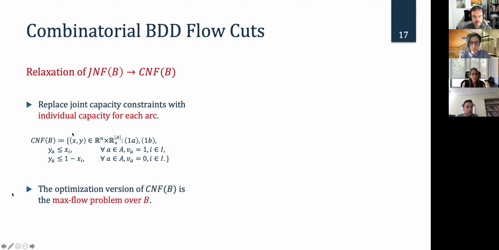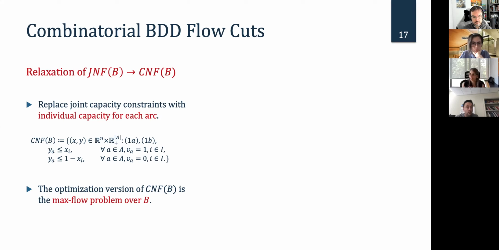Before, we had a constraint on the capacity of the arcs: for all the arcs, this is my joint capacity. Here, we have a capacity for each arc individually. The nice thing about this structure is that when we want to optimize to generate the cuts, this is a classic, textbook max flow problem over a decision diagram, our BDD.